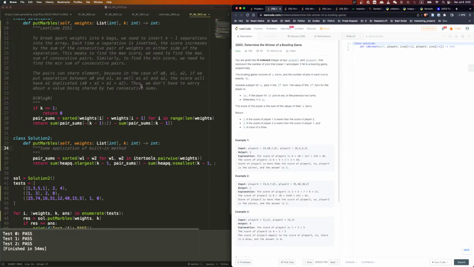Wait. 2 times xi if the player hit 10 pins in any of the previous 2 turns. Oh, so we have to check back 2 turns. Yeah, we just check back 2 times.